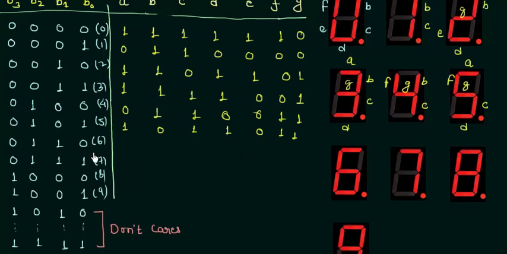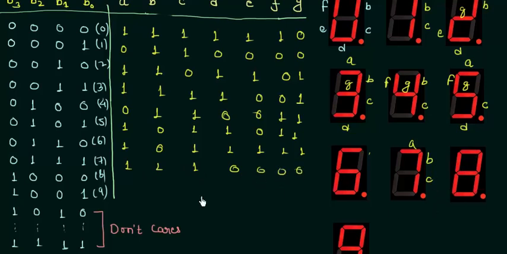Now we will move to the number 6. For 6 only B is low and the rest of the segments are high. So only B is low and all of the other segments are high in the case of 6. And for 7, A, B, C are high and the rest of the segments are low.